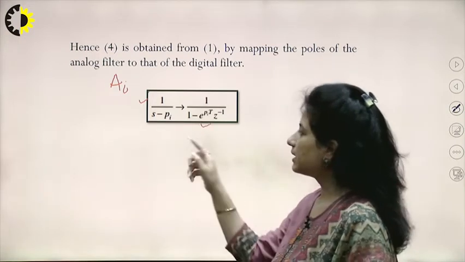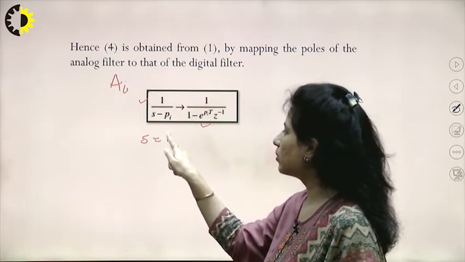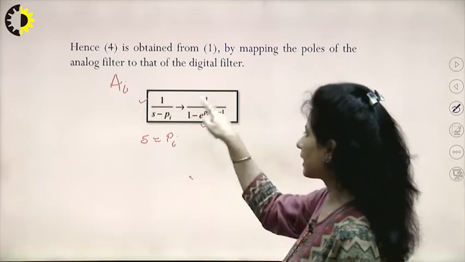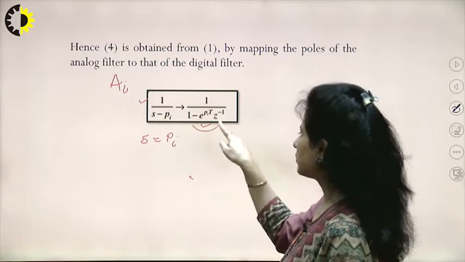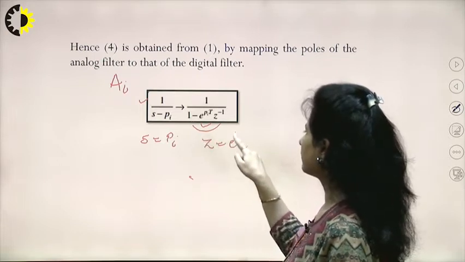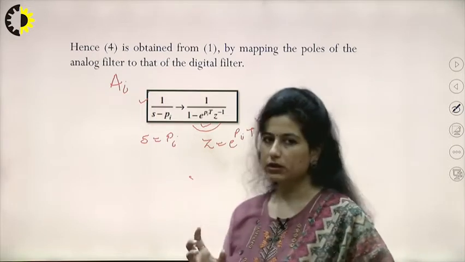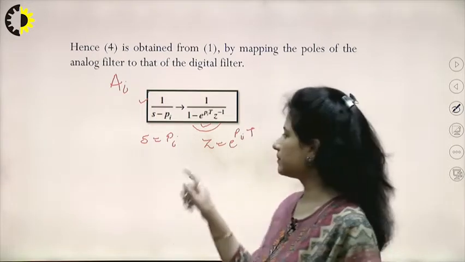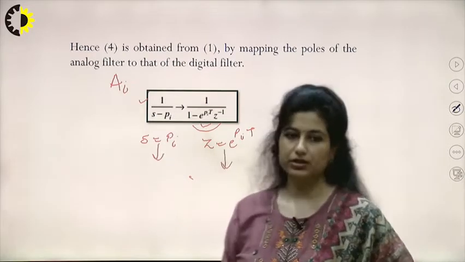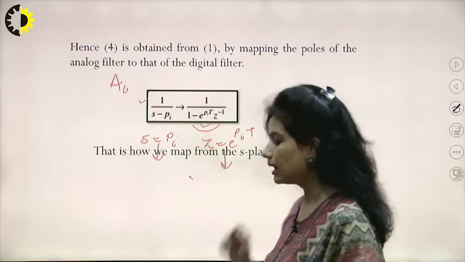So I need to see in this domain, this particular s is representing one pole, which is represented as p_i, and here this particular denominator would give me another pole for z, that is e raised to the power p_i T. So these are two poles which map to each other, one representing the analog domain, another representing the digital domain. So this is how we are mapping my s plane to the z plane.